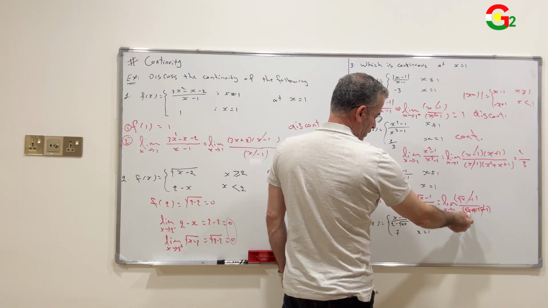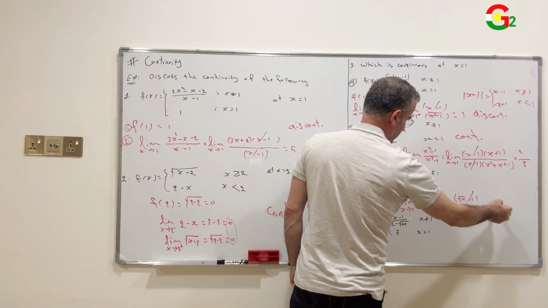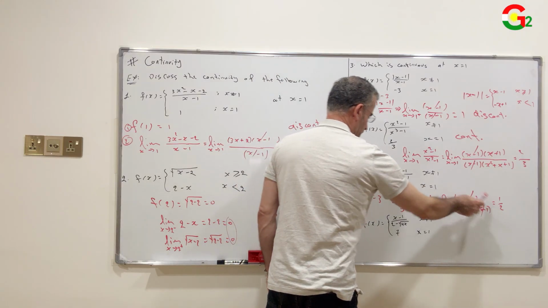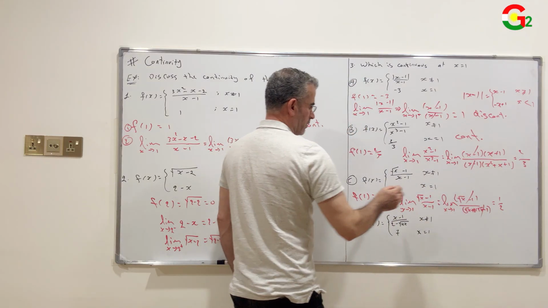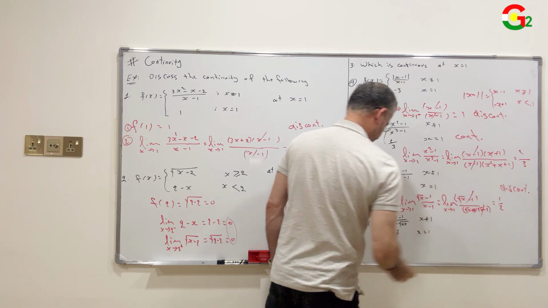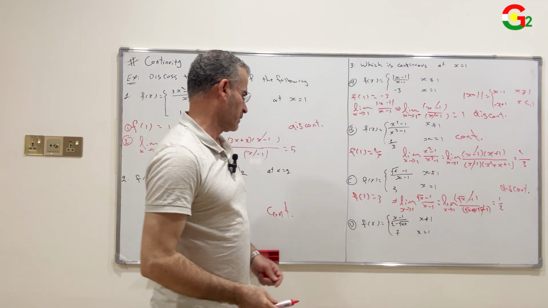Substitute every x with 1: 1/(√1 + 1), it is 1/2. And since the limit is not equal to the value, it is discontinuous.